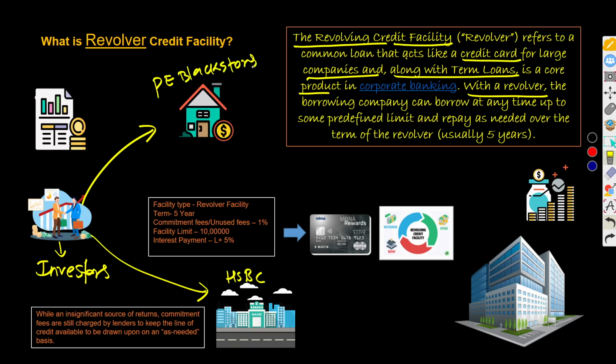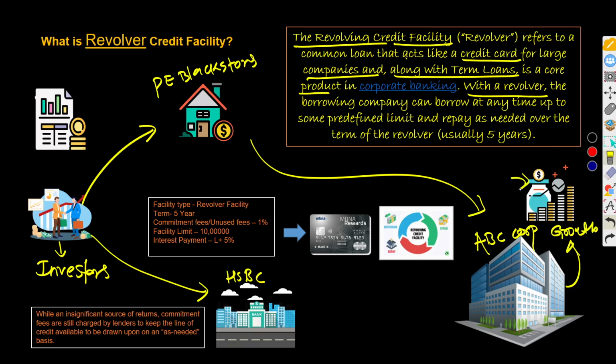Here Blackstone offers funding to ABC Corp. ABC Corp is looking for additional funding for growth, or maybe their daily expenses, in short, positive cash flow, so they can run their business operations. In the same way, banks also offer the same facility to ABC Corp.